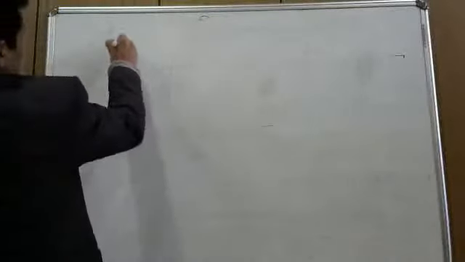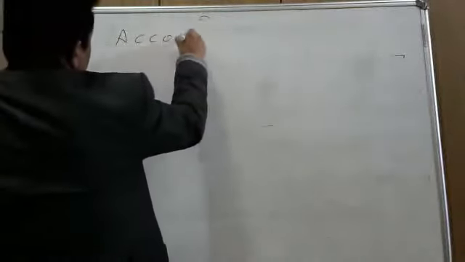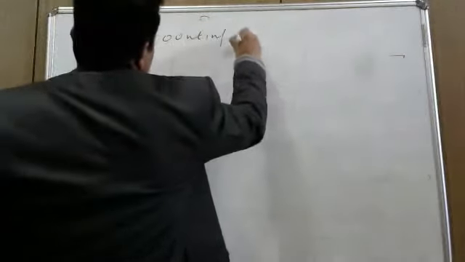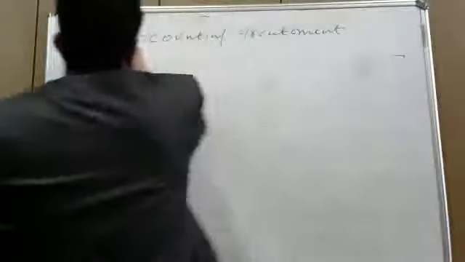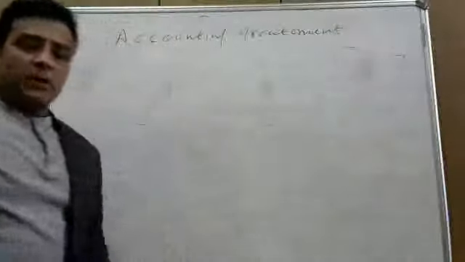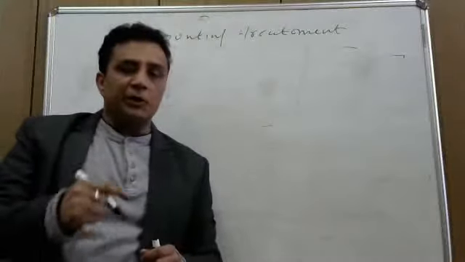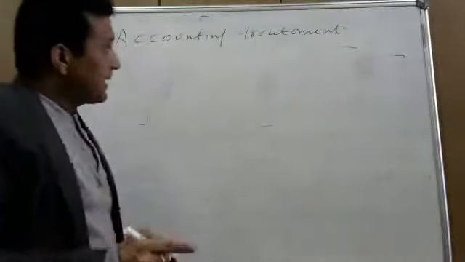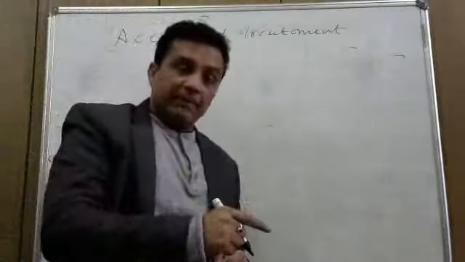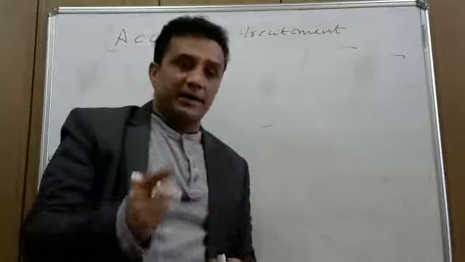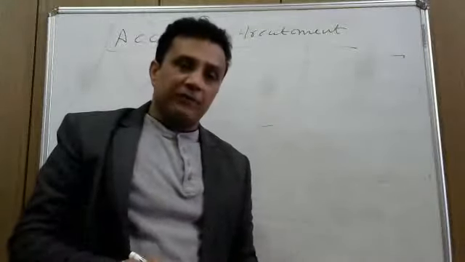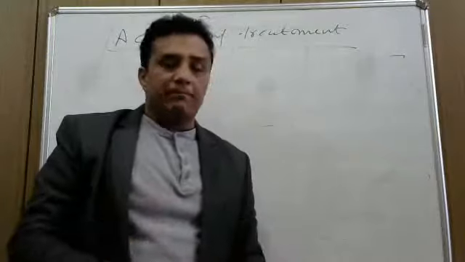Accounting treatment is almost the same, but you need to understand under which capital method you need to pass the entry. If you need to pass the entry under fixed capital method, you have to open a current account. If you need to pass the entry under fluctuating capital method, you simply write by A's capital account.